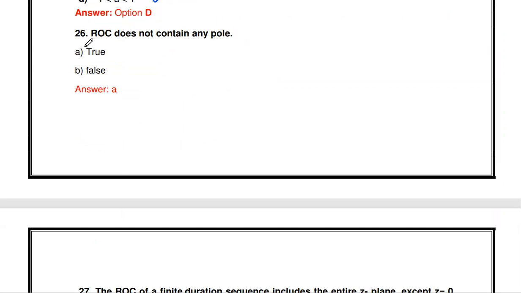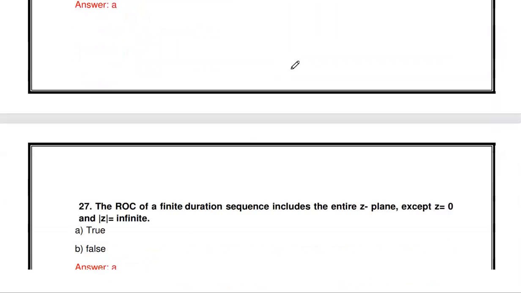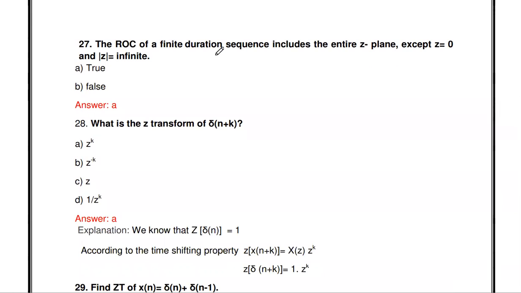The next question: the ROC does not contain any pole. Yes, this is also one of the properties of ROC. In the ROC region, no pole will be available. So above the pole only we will get the ROC. So it's true. Then, the ROC of a finite duration sequence includes the entire Z plane except Z equal to 0 and Z equal to infinity.